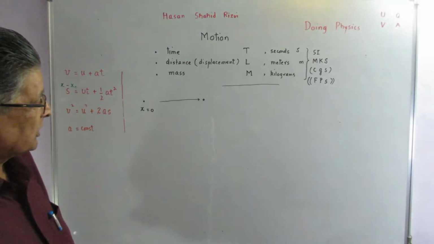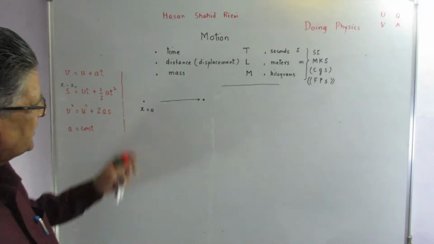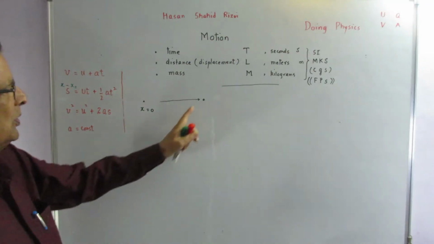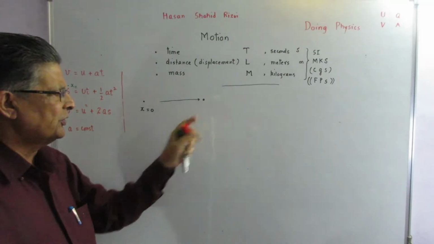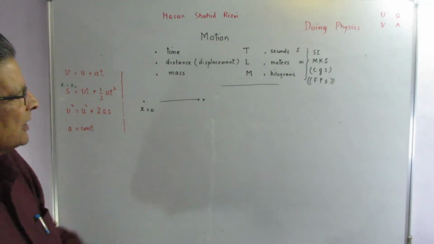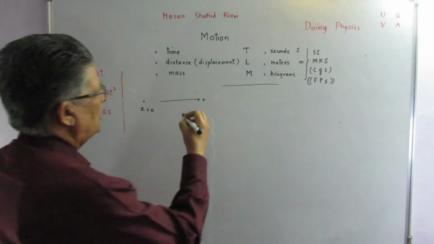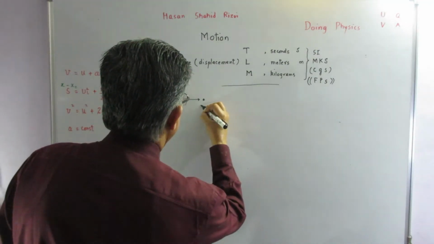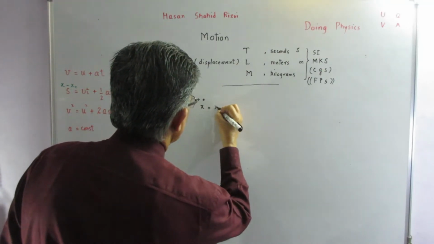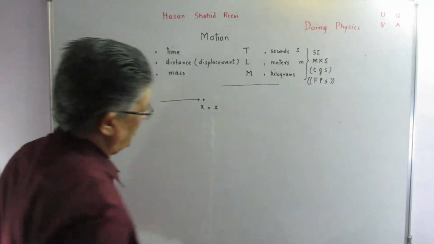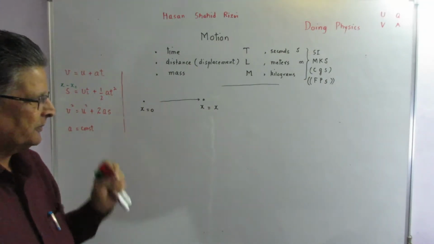It has neither got a length, nor a breadth, nor a height, nothing. But still, for the sake of representation, we have to show it as a sizable amount, like a bullet. So x is equal to 0, and in this direction, if I move to a distance, say, which I will call in mathematical connotation x is equal to x.